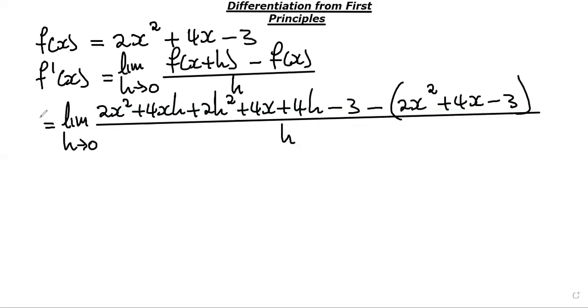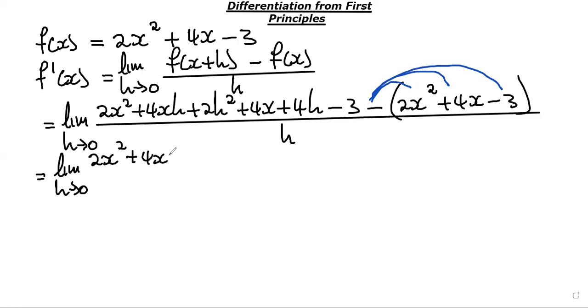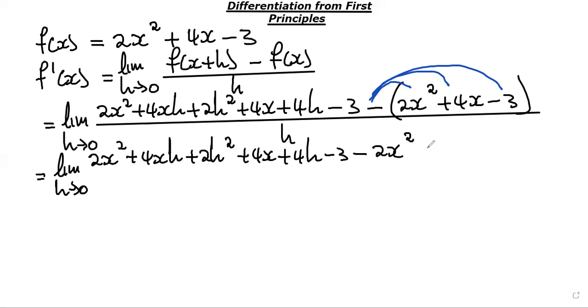And then we have to distribute the negative sign. After doing so, we have the limit as h approaches 0 of 2x squared plus 4xh, 2h squared, 4x, 4h, minus 3, minus 2x squared, minus 4x plus 3.